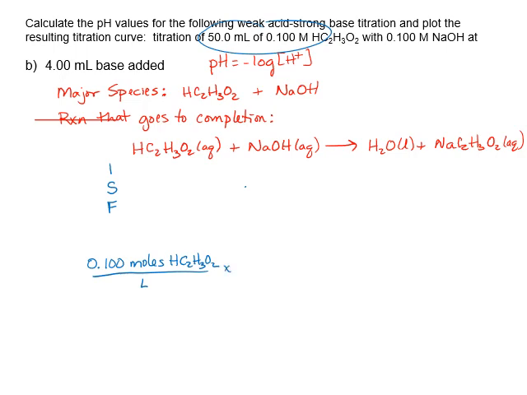And we had 50 milliliters of this solution to begin with. So doing the math on that, we find that we're starting with 0.005 moles of the acetic acid.